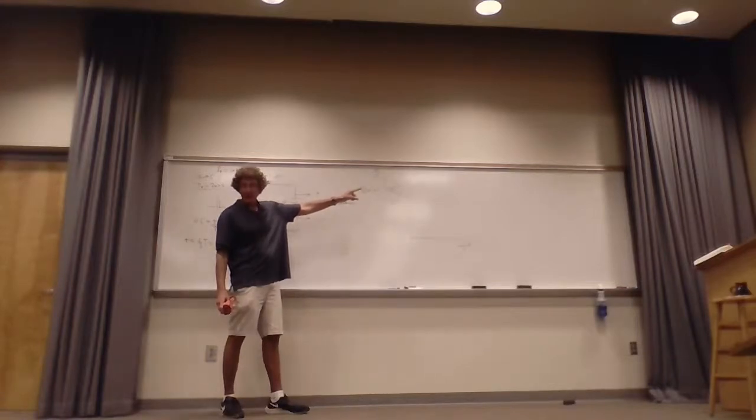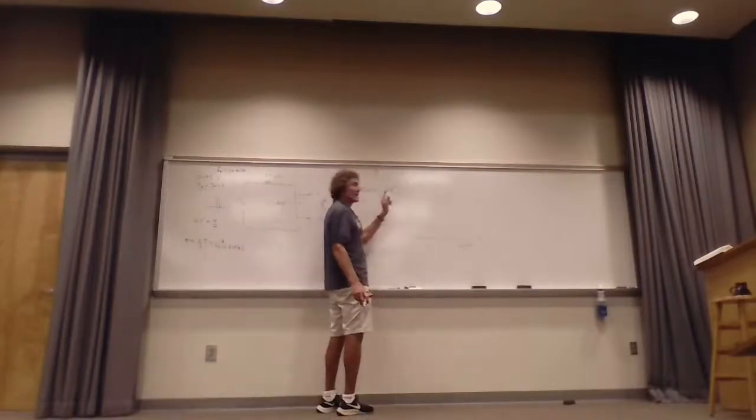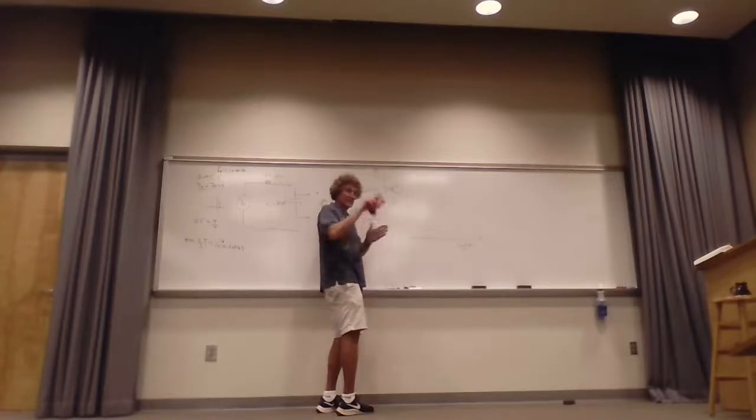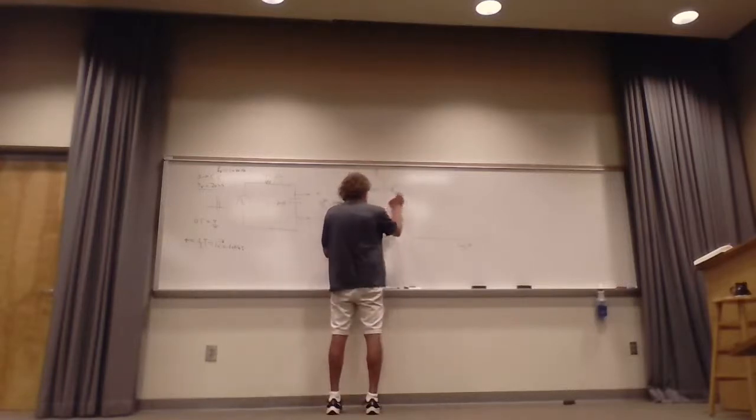Tau over T is 50% or 1/2. And that means it's really A is 5, right? That's the magnitude it goes to. So this is really 5 over 10 to the minus 6 in dB microvolts.